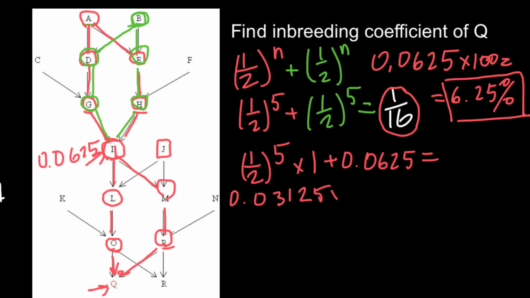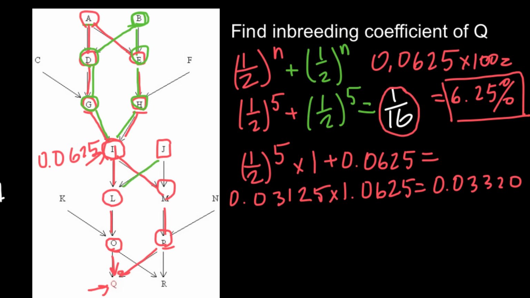Now we have to multiply by 1 plus this number, which is going to be 1.0625, and the answer would be 0.03320.